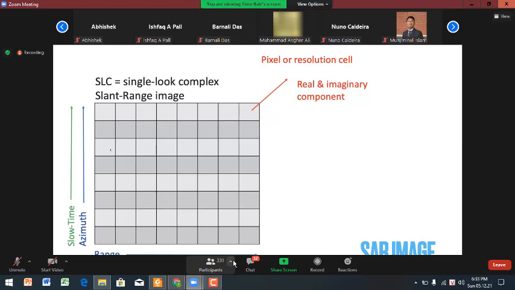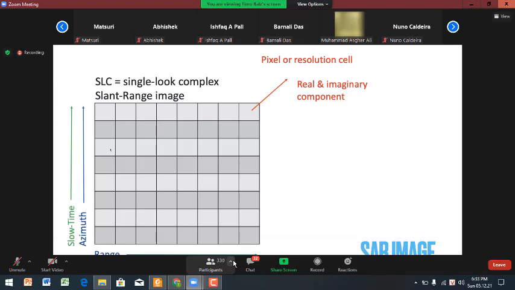However, that is not clearly defined. Images can be different ways, and there are also some providers and some software and tools that do it differently. They change azimuth and range, so azimuth is in X and range is in Y direction. It's not defined. You need to know which one is which.